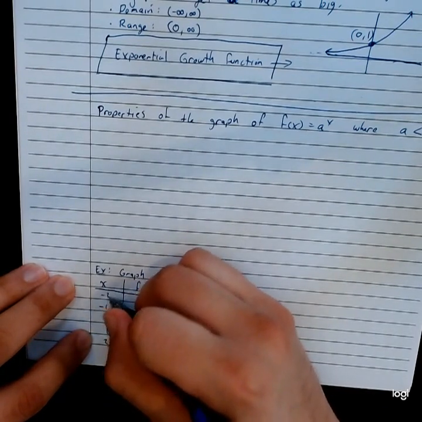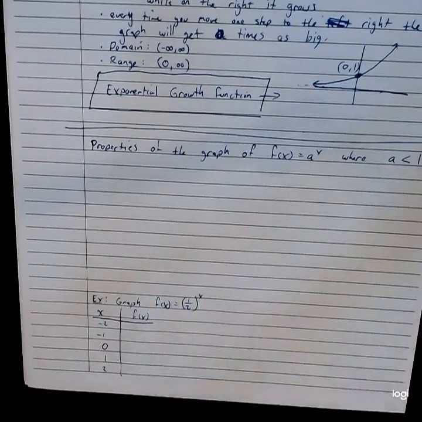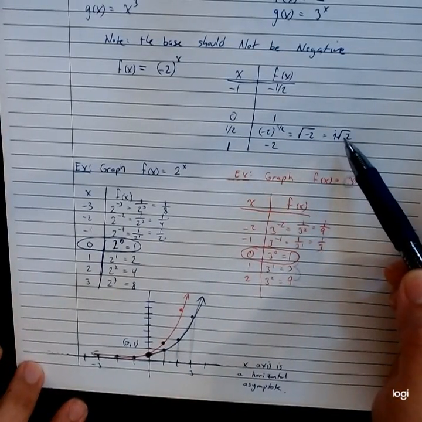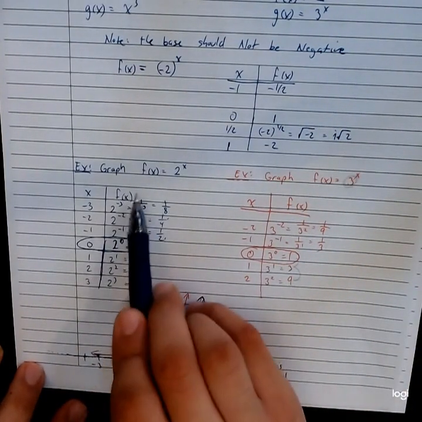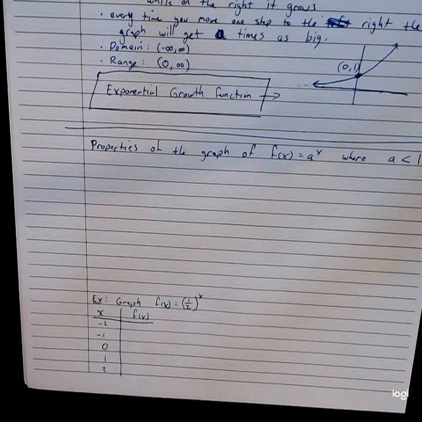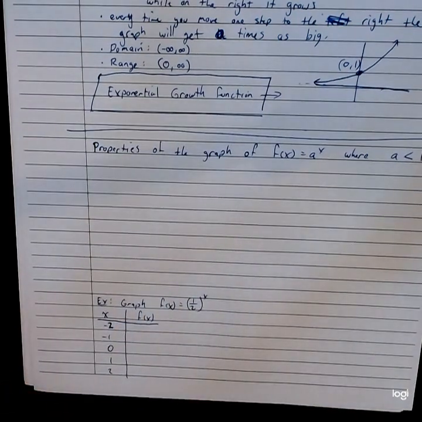Of course, we could also plug in fractions, like the square root of 2 or the square root of 1/2, but that's not easily accessible. Since we're not allowed a calculator in this class, that's not something we can realistically do in a short amount of time.